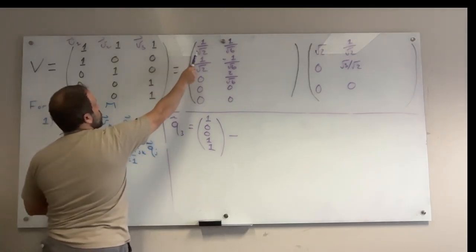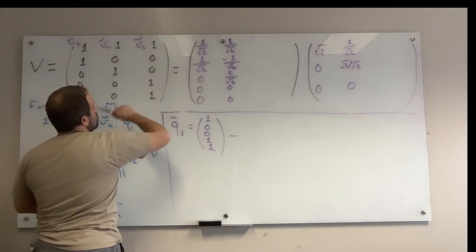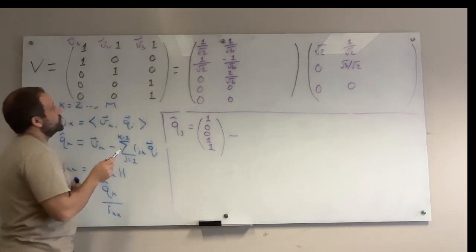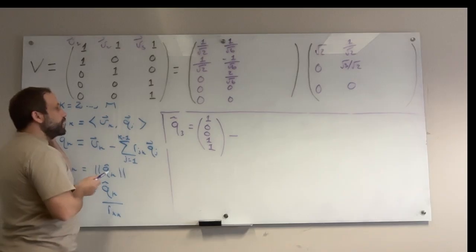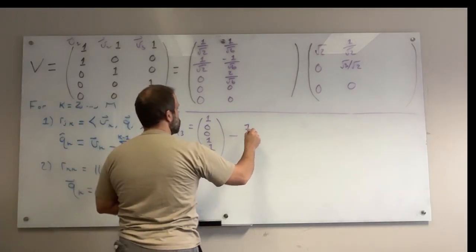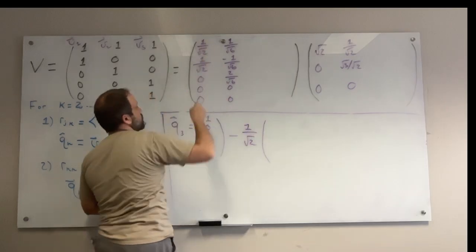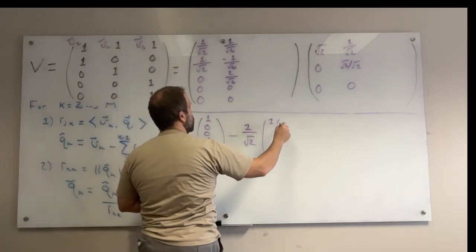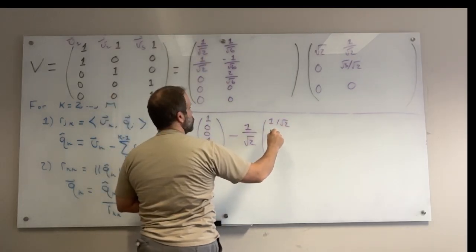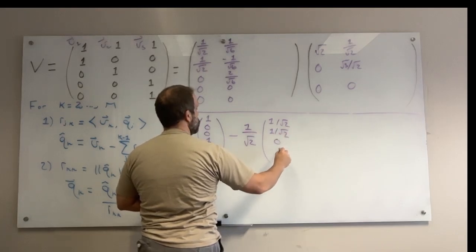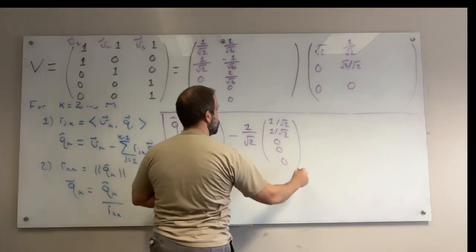So it's 1 over the square root of 2 plus 0 times 1 over the square root of 2, and all of the other ones are going to be zeros as well. So the inner product of V3 and Q1 is simply 1 over the square root of 2. And we're going to multiply it by Q1, 1 over the square root of 2, 0, 0, 0.